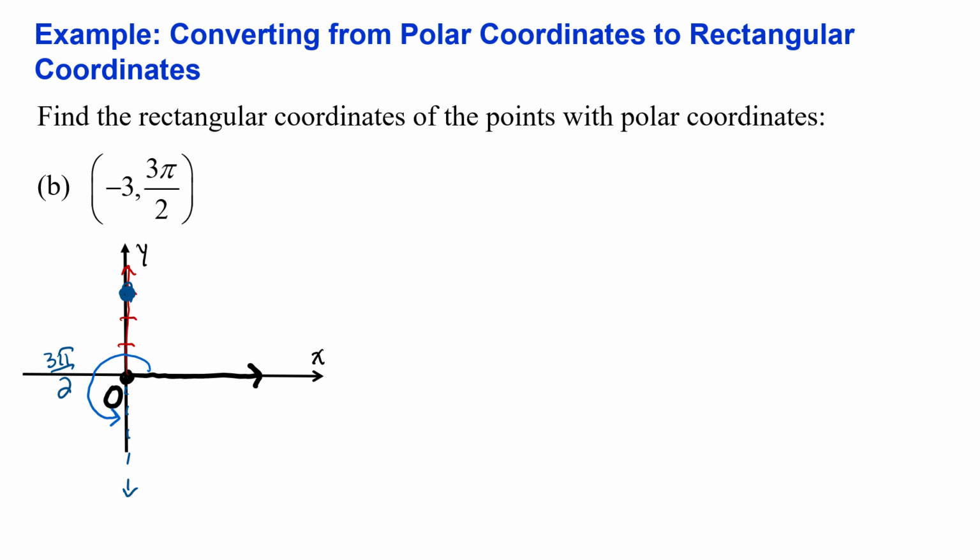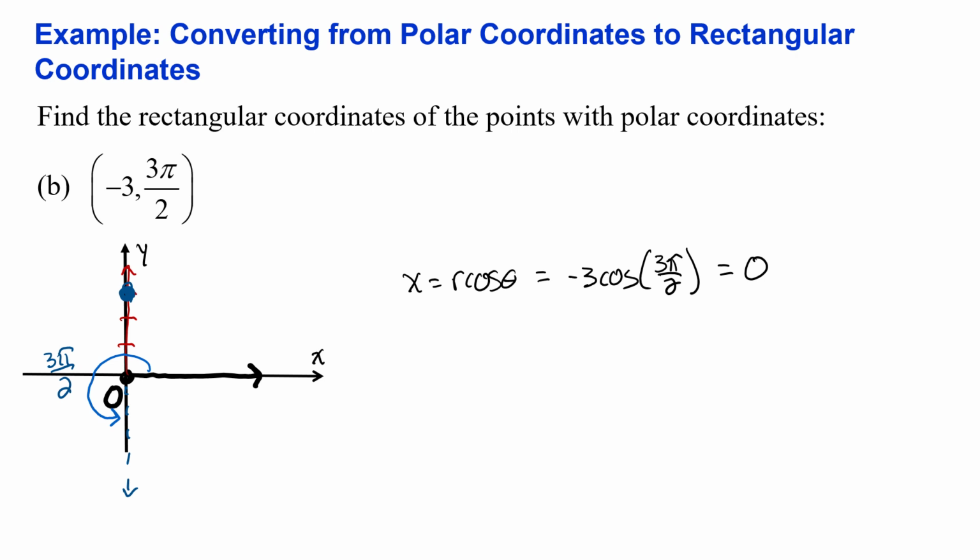Even though from the graph we can determine the converted rectangular coordinates, let's go ahead and use the conversion equations just to confirm that result. To find the x-coordinate, we use the equation x equals r cosine of theta. Substituting in r equals -3 and theta equals 3π/2, we get -3 times cosine of 3π/2, and this equals 0, since cosine of 3π/2 equals 0.